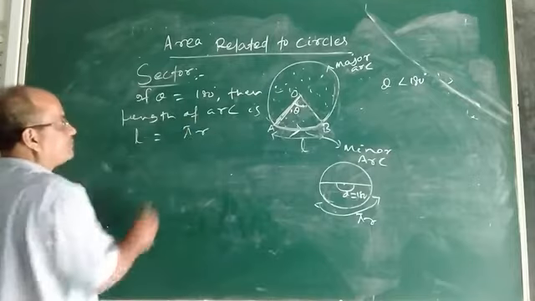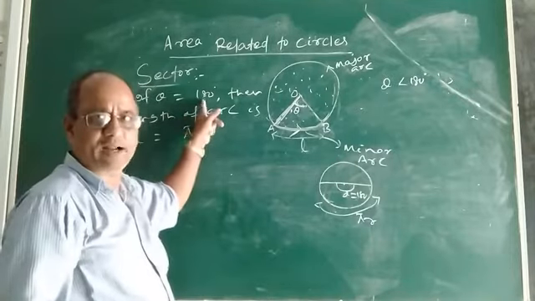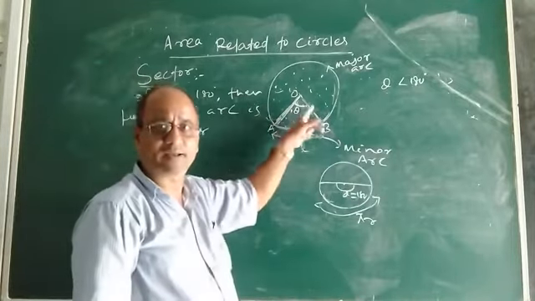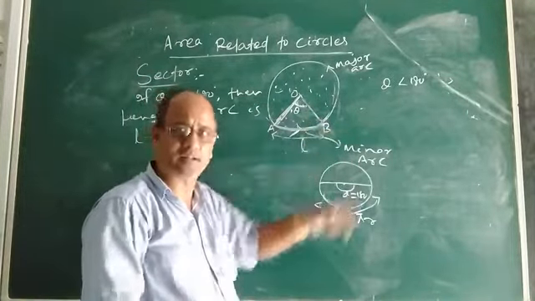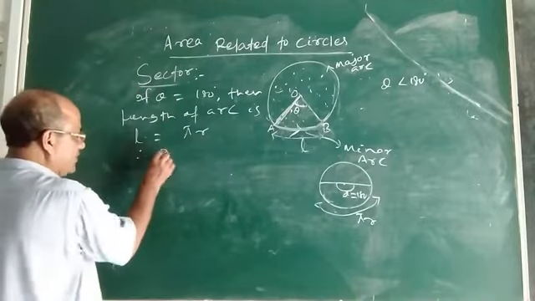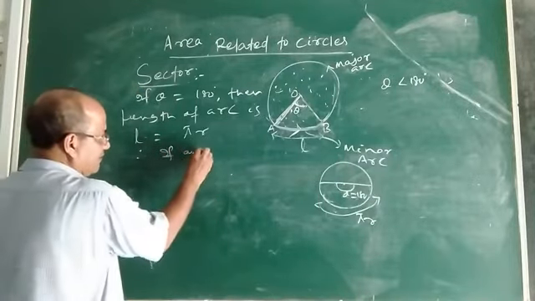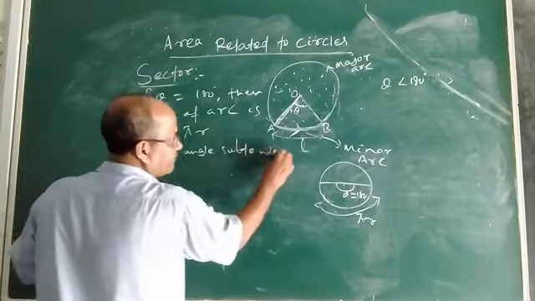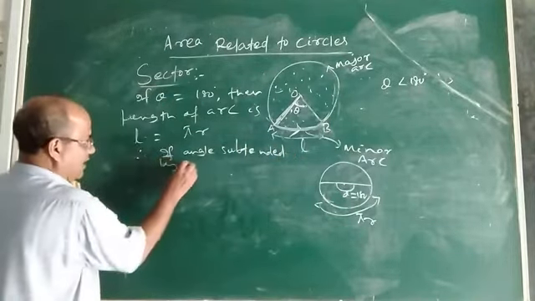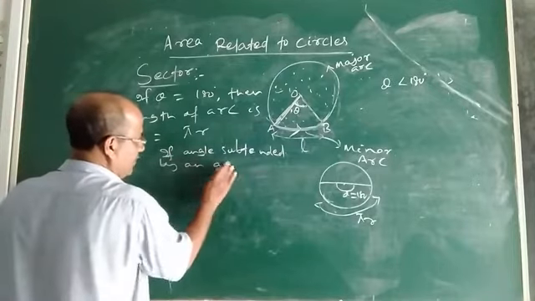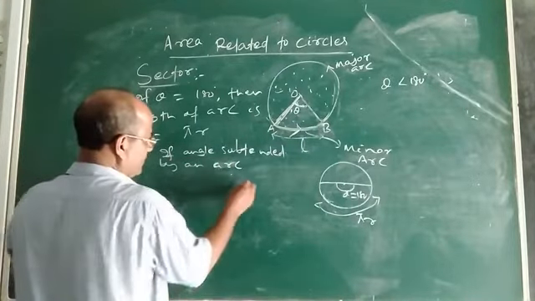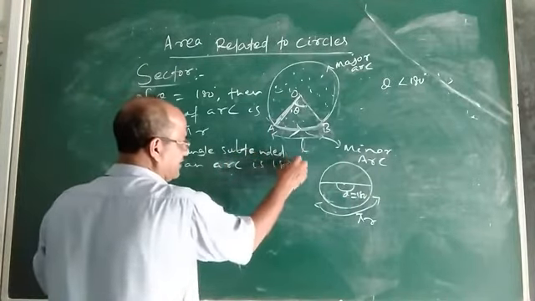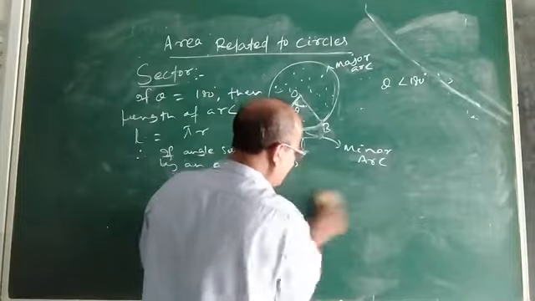Pi r. So when the angle subtended by the arc at the center is 180 degrees, then the length of arc is how much?